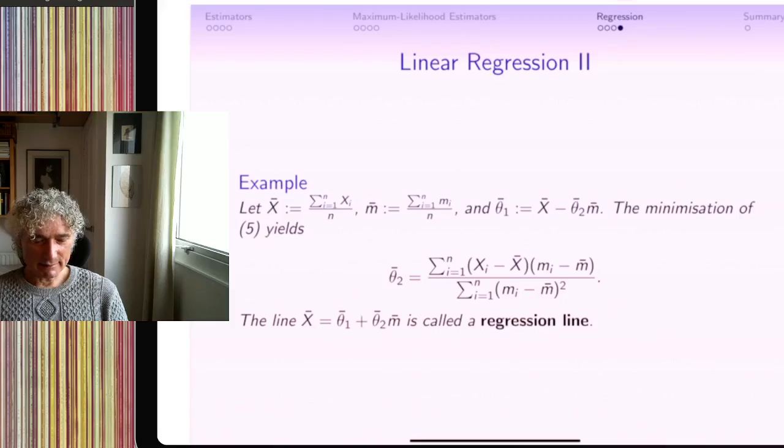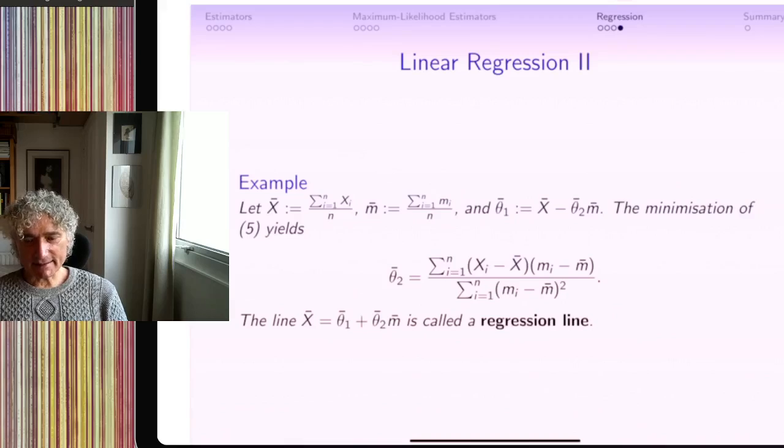You sum all of the random variables and divide by n, and then you have also the average slope of the line, which is given by bar m is equal to the sum over all individual slopes mi divided by n, and you define theta 1 bar as x bar minus theta 2 bar m.